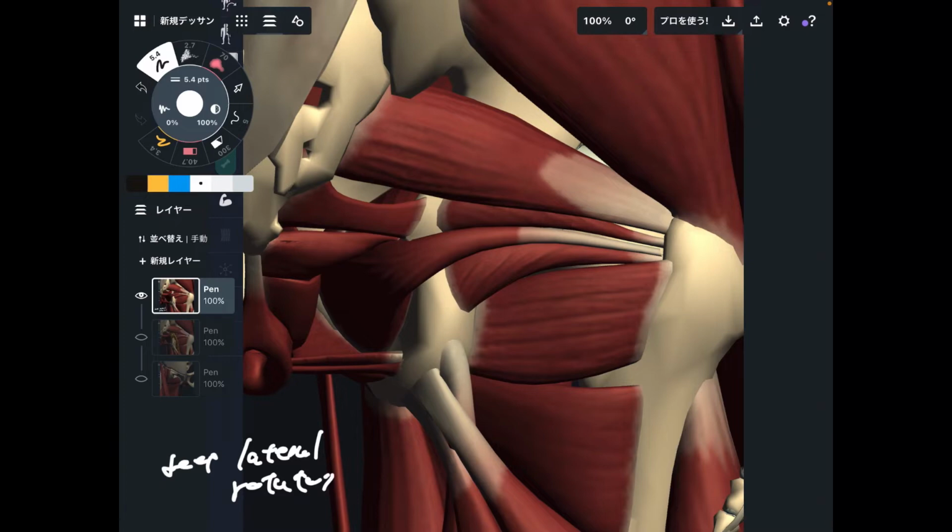Let me start from this muscle. This is piriformis. Piriformis originates from sacrum. By the way, this is one of two muscles that originate from axial skeleton, then cross hip joint. Other muscles originate from pelvis, then they go to femur.